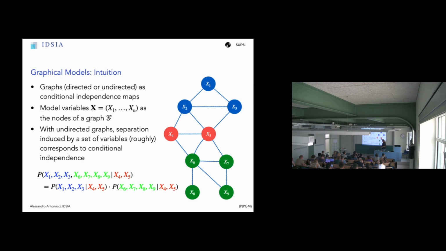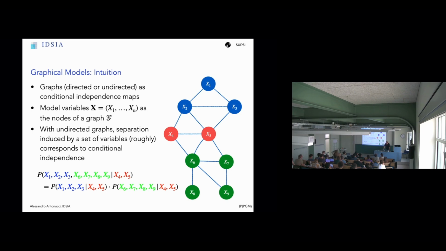In this example, x4 and x5 are separating the green variables from the blue variables. So you see, if you are in a blue variable and you want to go to a green variable, you need to go through a red variable. And this is the conditional independence concept. Given x4 and x5, the blue variables and the green variables are independent, so they factorize. This is the semantic. It could be defined in a better way, but just to give you the intuition.